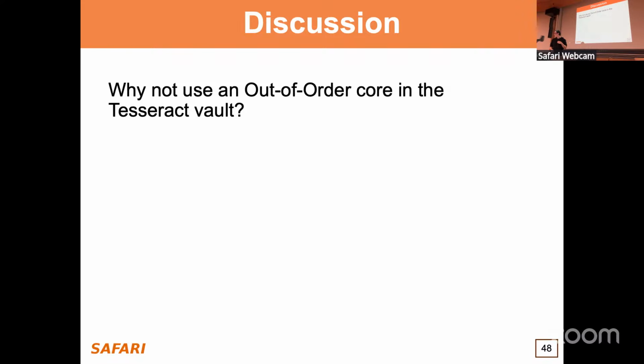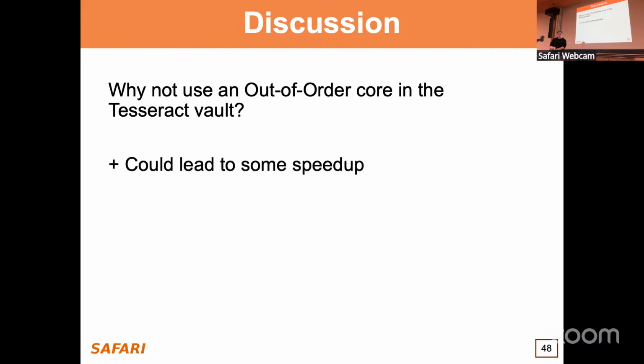No, maybe not. Okay, then I think the problem would be that maybe you don't have enough area to put in a full-blown out-of-order core, or because you put this on the bottom of the HMC, you may run into thermal issues, considering that an out-of-order processor might consume more power than an in-order processor because of all the register files that you need to maintain.